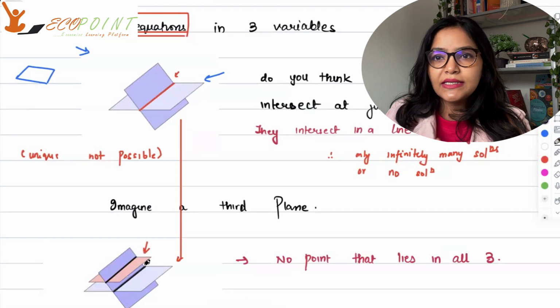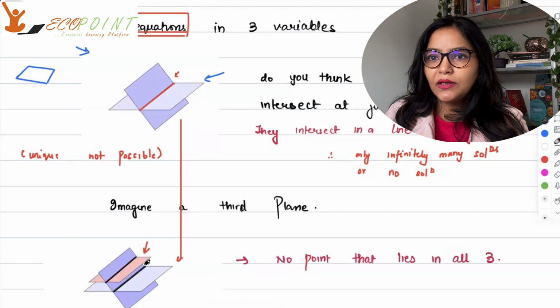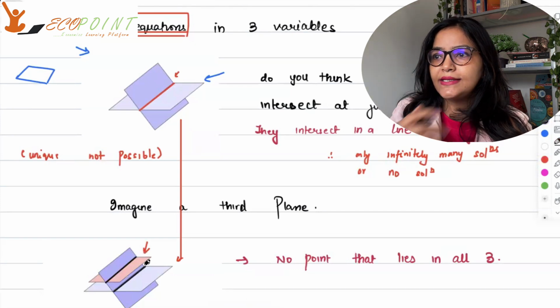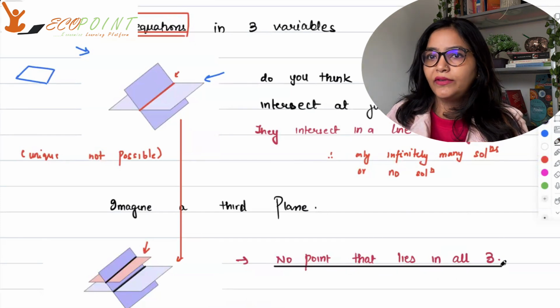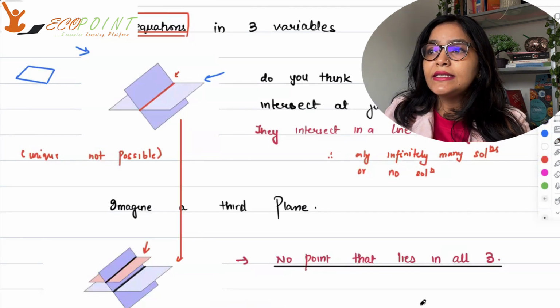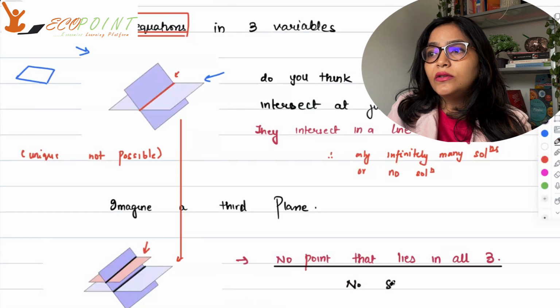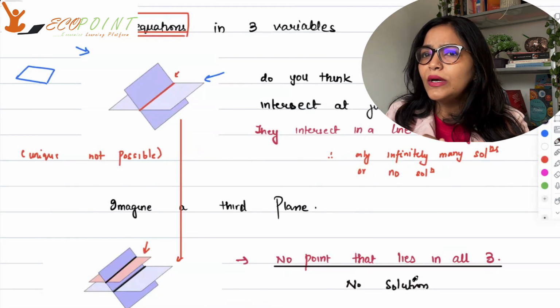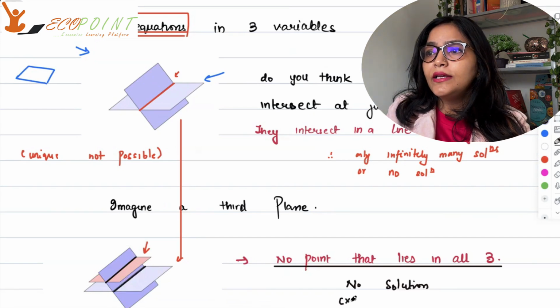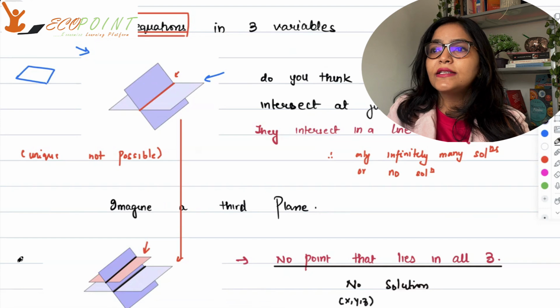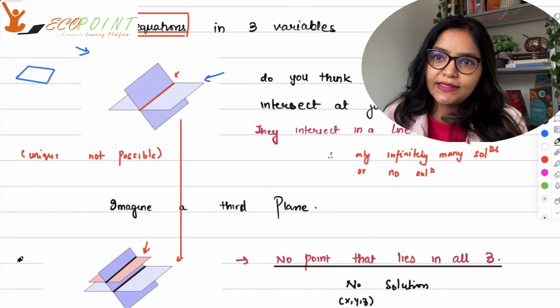So if I am considering three equations in three variables, in this picture there is no point that lies on all three of them. So that means there is a situation of no solution, because there is no x, y, z that satisfies all three equations at the same time.